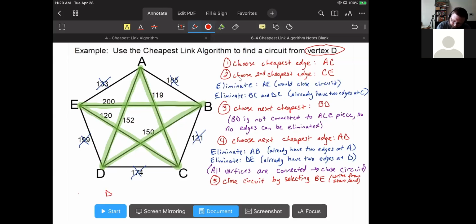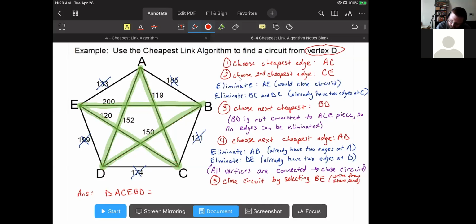So our answer is going to be, say, D, A, C, E, B, D, which if we trace that, we're going from D to A to C to E to B and then back to D. That's the Hamilton circuit. Okay?